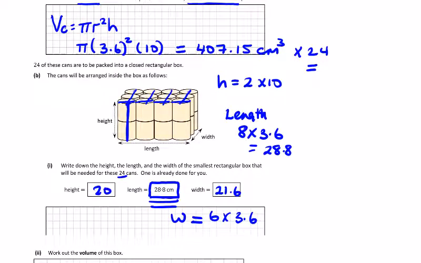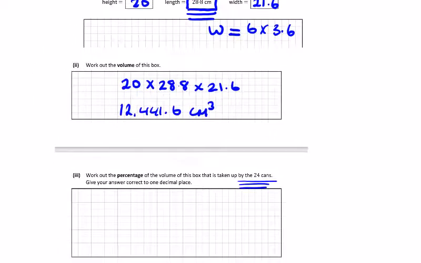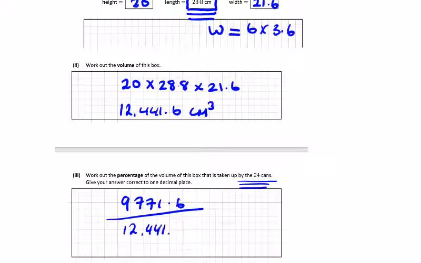That should be close to the volume of the box, but not too big. 9771.6. So there's a lot of empty space. That's the volume in cm cubed of the cans. 9771.6 out of a total of 12,441.6, and times 100 would give the percentage that's taken up by the cans.